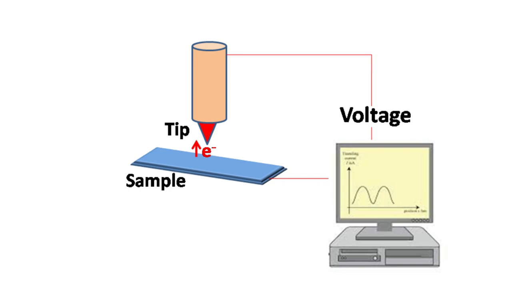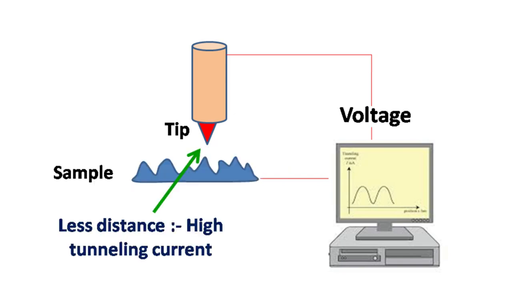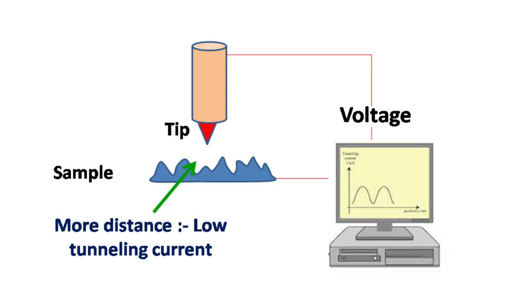Based on the recordings of the tunneling current, the information about the surface of the specimen is known. The magnitude of the tunneling current obtained depends on the distance between the tip and the sample. The tunneling current is high when the distance is less, and the tunneling current decreases as the distance between the tip and the sample increases.